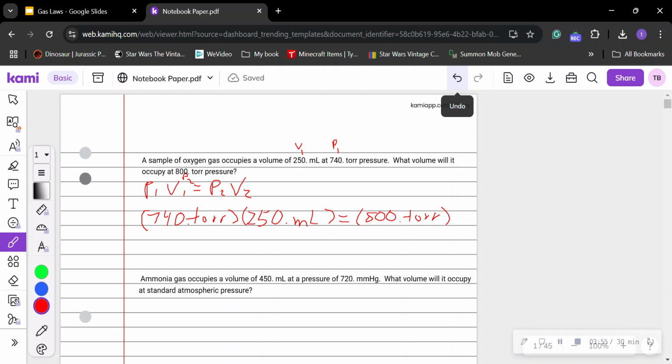times V2. So now we get our calculator out and multiply 740 by 250, which is 185,000, equals 800 V2.